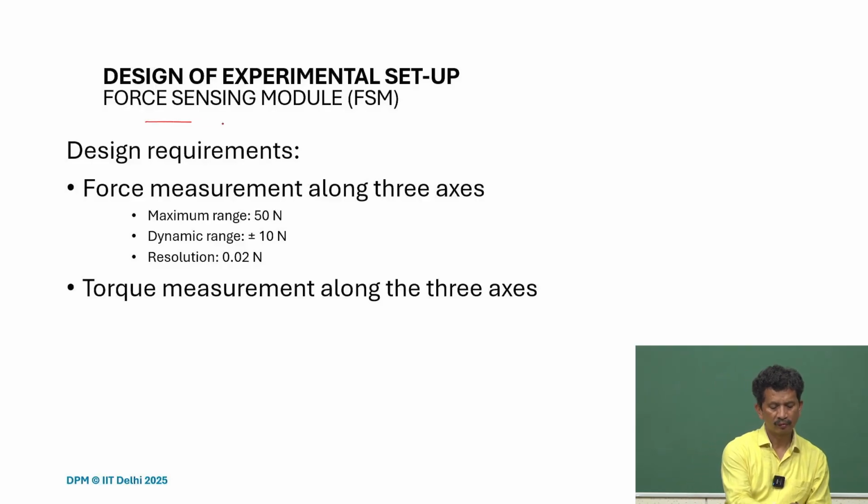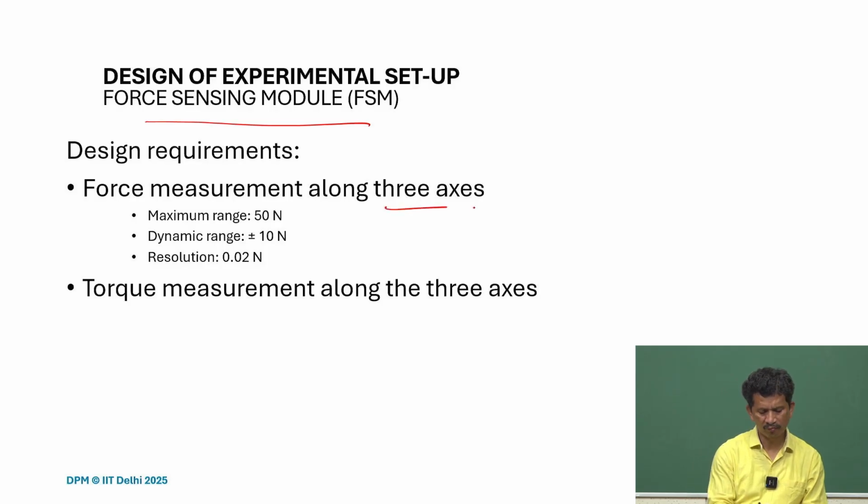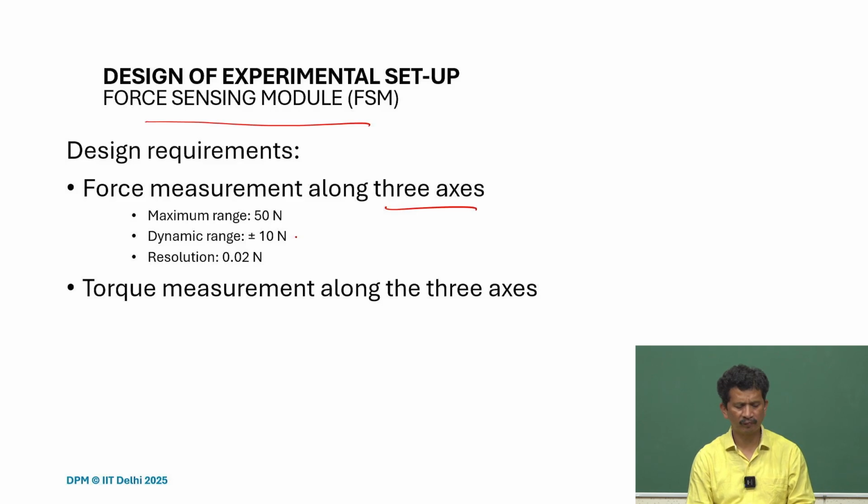So next is the force sensing module. So when the instrument interacts with the endoscope, what happens? What kind of forces are there? So of course we wanted to measure the force in all the three axes, and we don't expect very large forces.